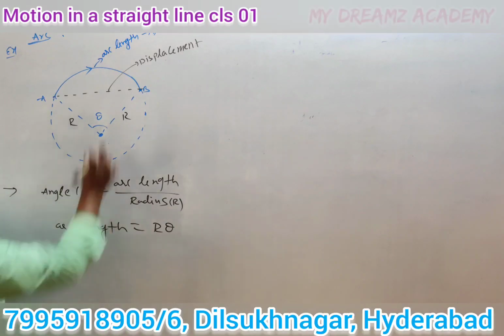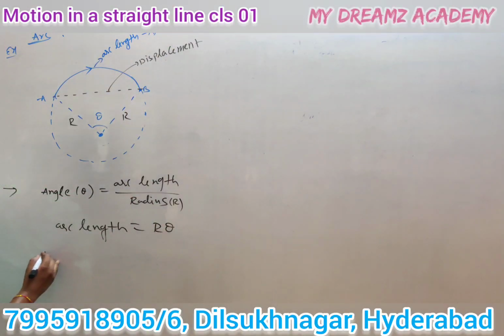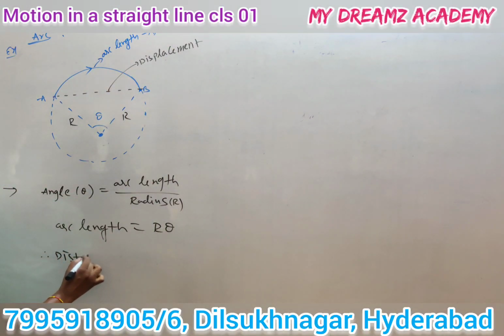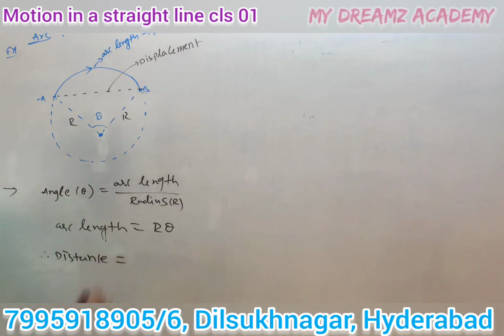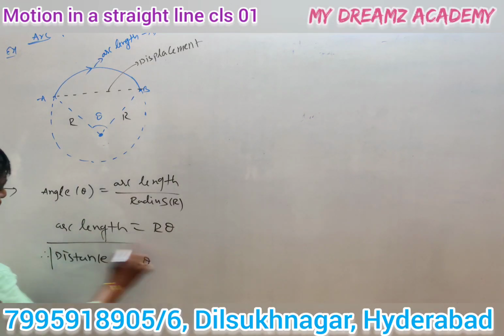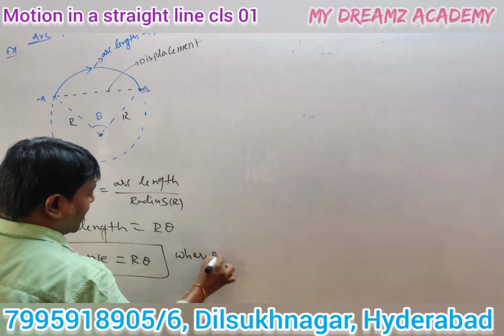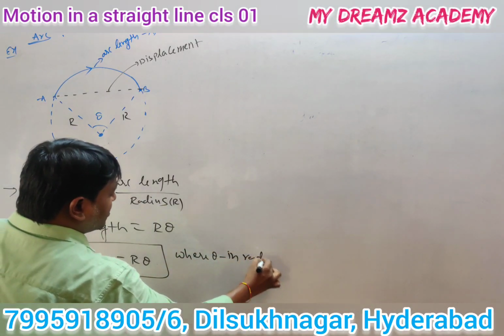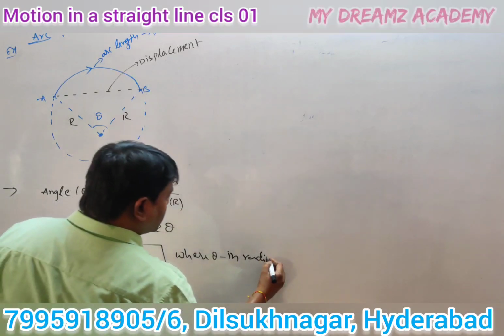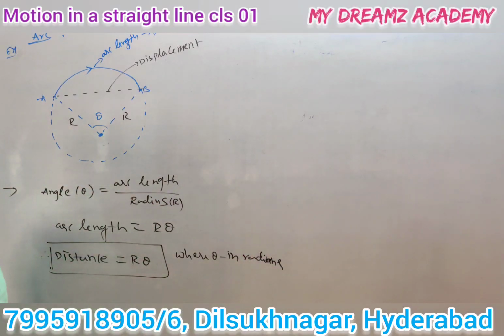The arc length is called the distance. The distance covered by the body when it is moving in an arc of radius R is equal to R into theta, where theta is considered in radians.